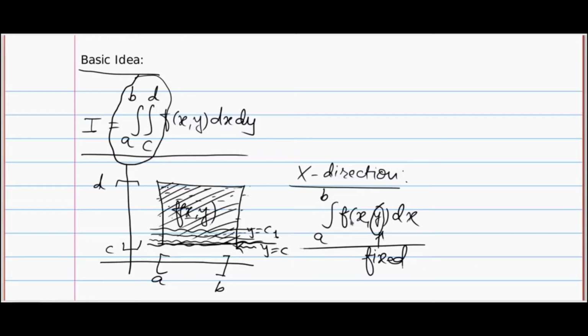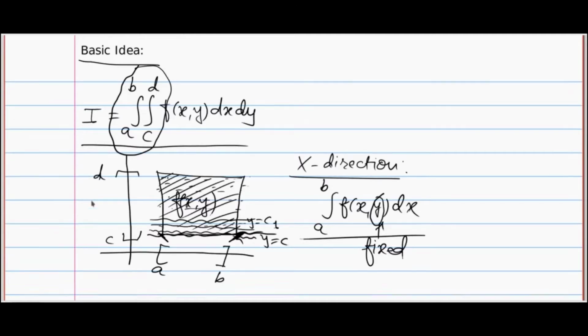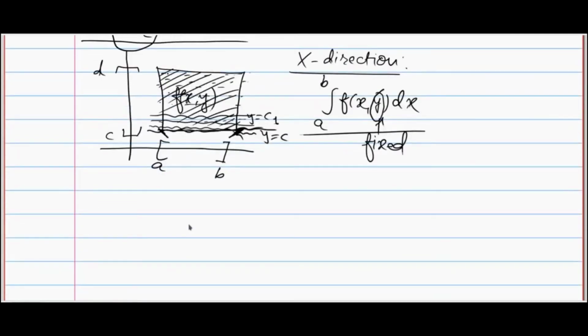So y is fixed and you just vary x from this point to this point, and hence you have the integral a to b of f of x at a particular layer, for example y equal to c. In the same way, for the integral c to d, that is the y direction, we do c to d f of x y dy.